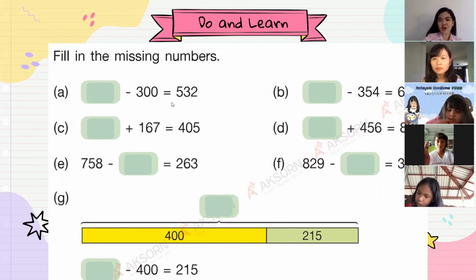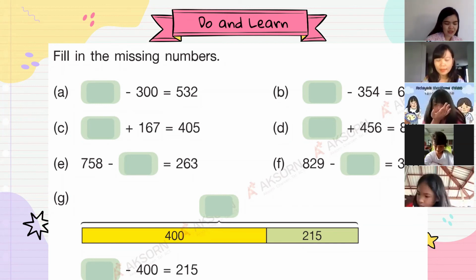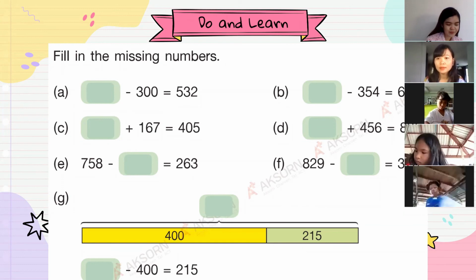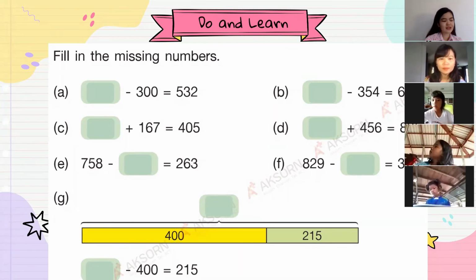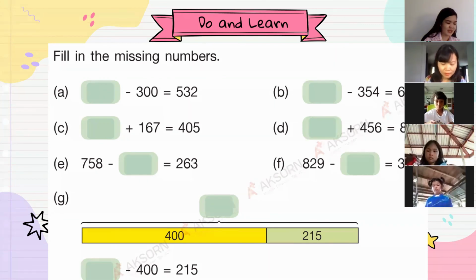So what are we going to do? 532, you can have your scratch or notebook and then let's solve it, okay? So we have 532 minus 300. Can you see it?